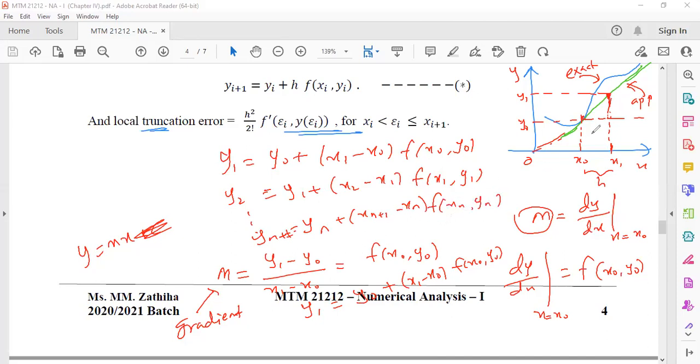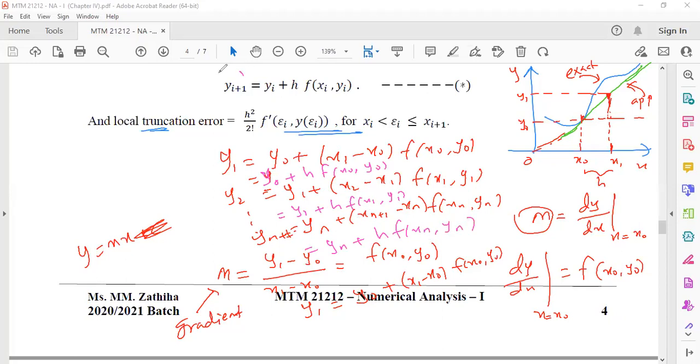As we are taking all the step sizes to be the same, this can be written, using another color, as y naught plus h f(x naught, y naught), then y1 plus h f(x1, y1), similarly y_n plus h f(x_n, y_n), since all the step sizes are equal.